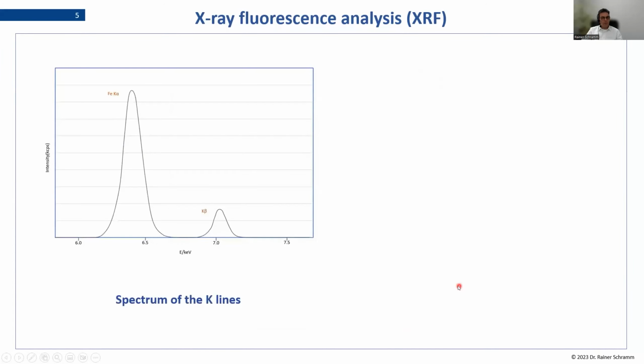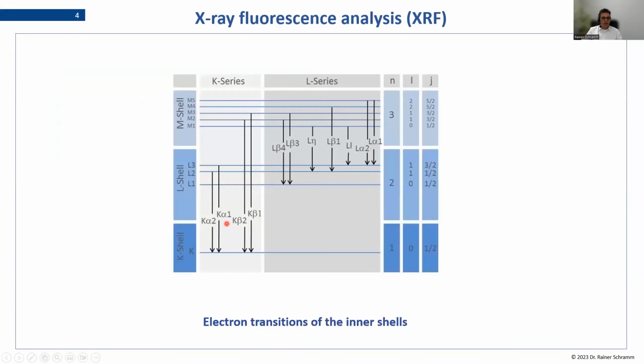For example, a K spectrum looks like this. This is from iron, K alpha and K beta. You see that the probability that we create K alpha radiation is about 5 times higher than K beta radiation. That means this process happens much more often than the other. We have the same for L radiation.